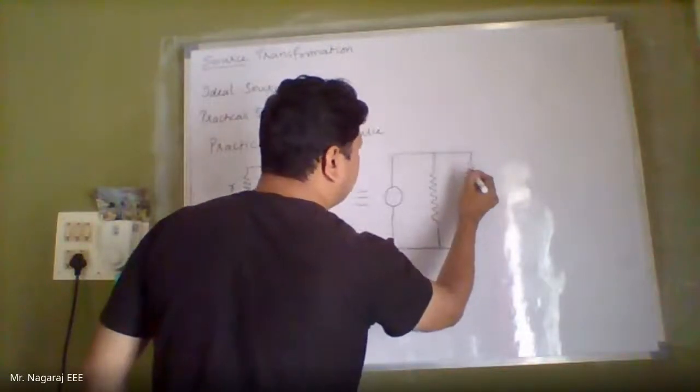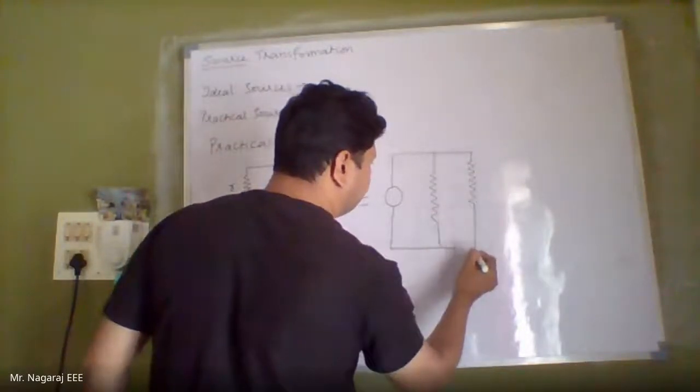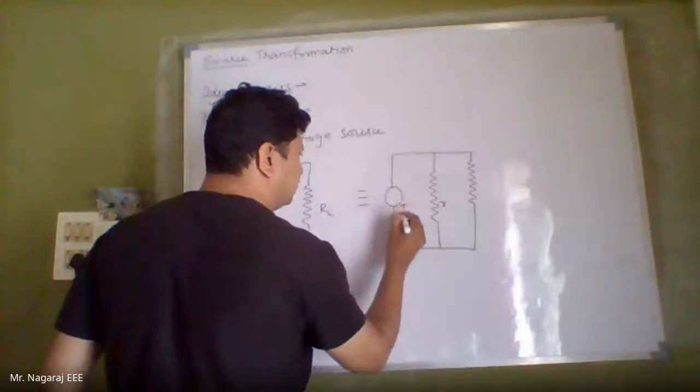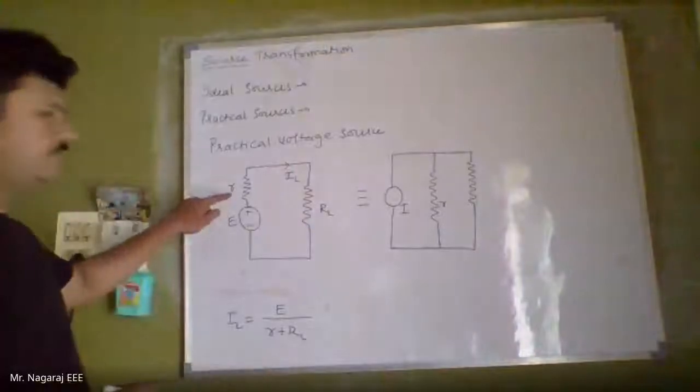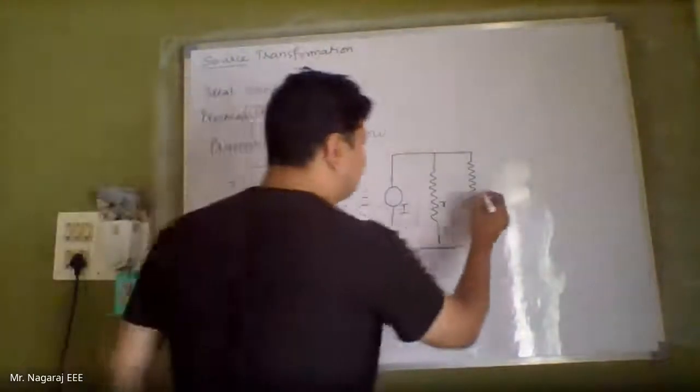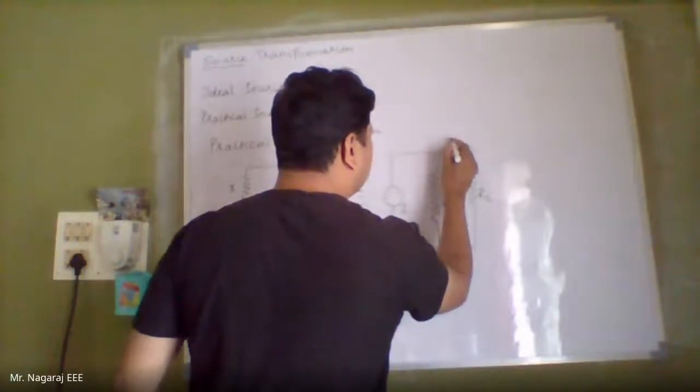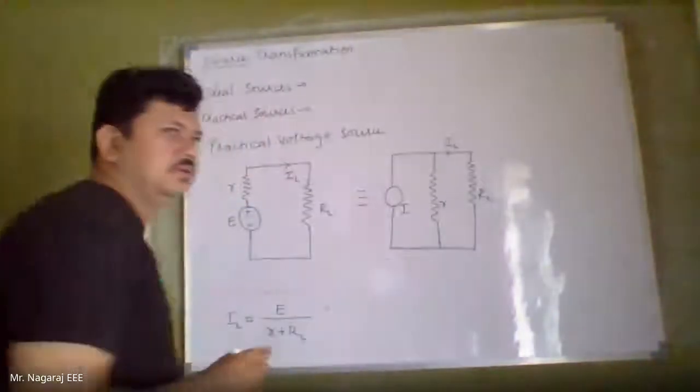And I have a load resistance of RL. This is the internal resistance R, this is the load resistance RL, and this is the load current IL.